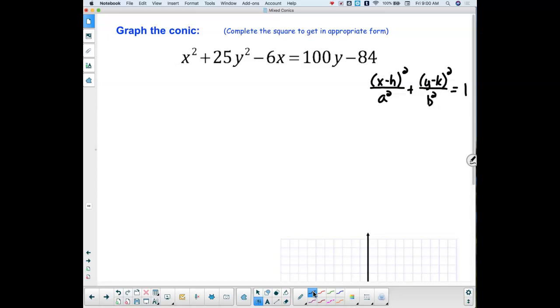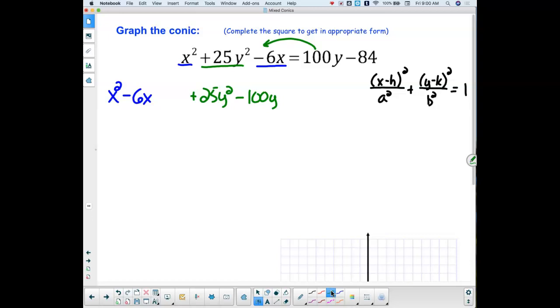So I'm going to change this to be x squared, that's this term, minus 6x, that's that term, right? Then I'm going to leave myself a little gap. Then I'm going to go plus 25y squared, that's that term. Then I'm going to go minus 100y.